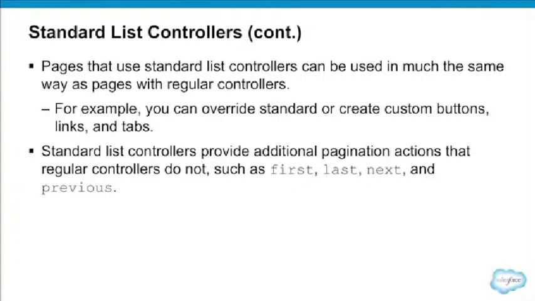So we can go first page, last page, next page, previous page. In addition, we can also create custom controller code that works with the standard list controller in order to return lists of results and to do pagination for when we're iterating over multiple records.